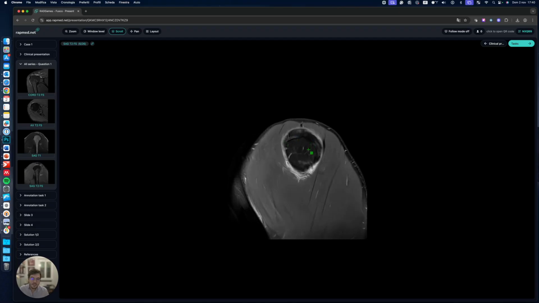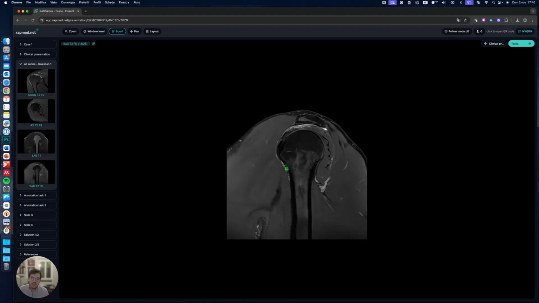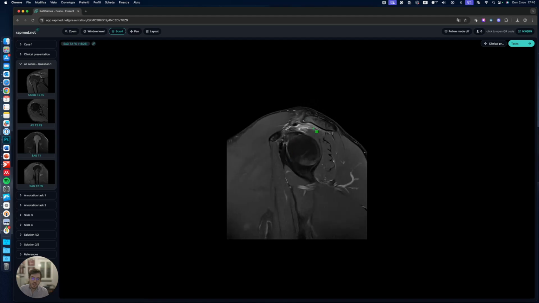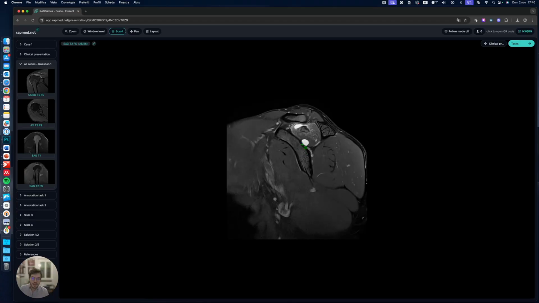The tendon is attached to the humeral head. Going more medial, we see the defect at the myotendinous junction, and the edema and the hematoma within the muscle belly with a retracted stump.